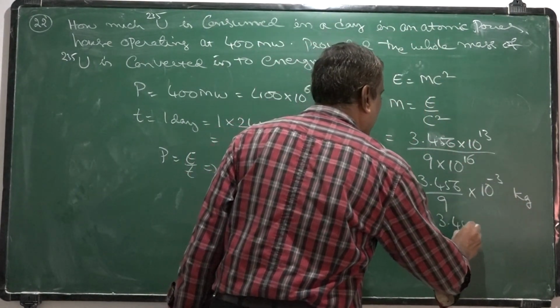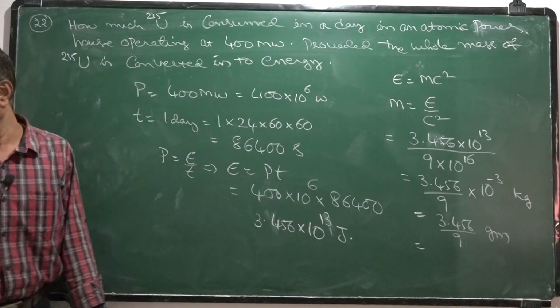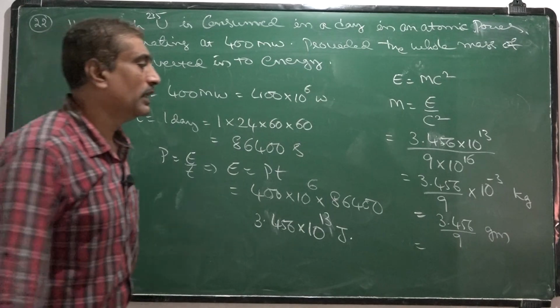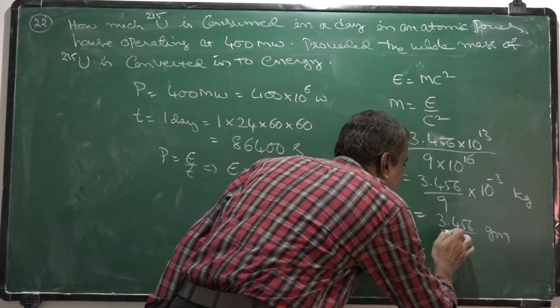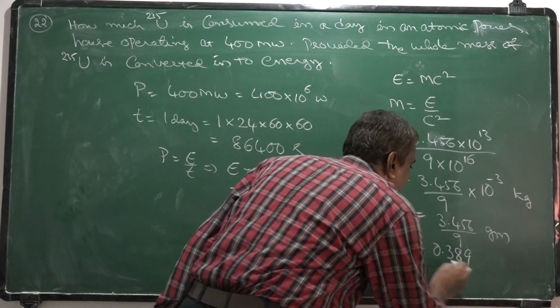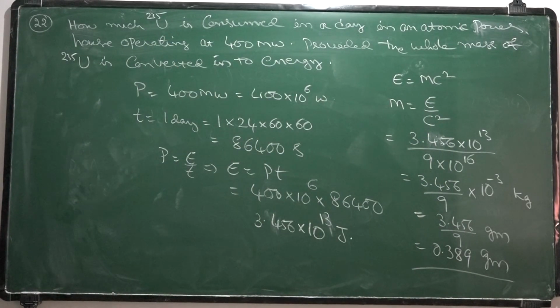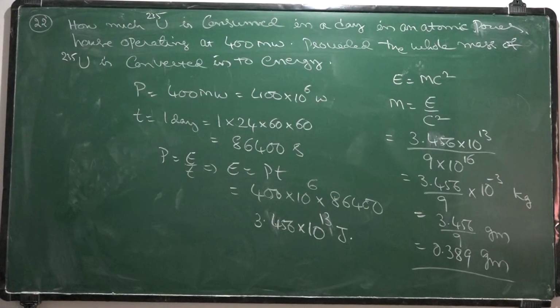That is 3.456 by 9 gram, and this is approximately 0.384 gram mass consumed in a day.